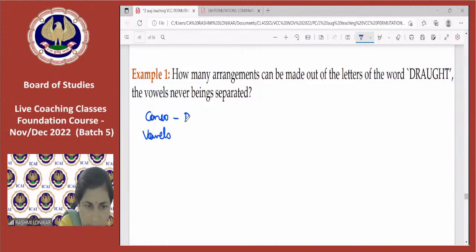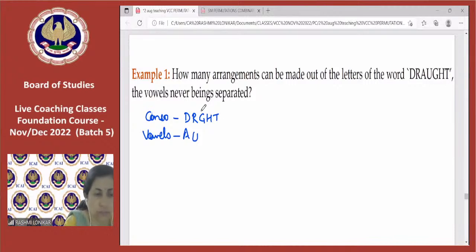D is a consonant, R is a consonant, A is a vowel, U is a vowel, G is a consonant, H is a consonant, and T is a consonant. How many letters are there in the word drought? D, R, O, U, G, H, T. So 7 letters are there. Out of the 7, 5 are consonants and 2 are vowels.